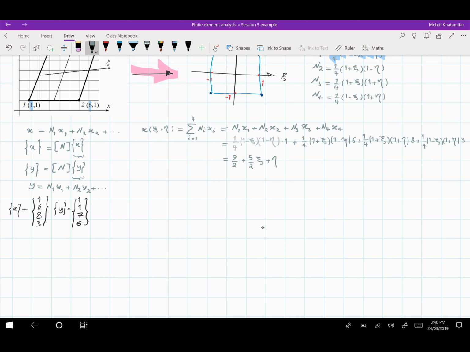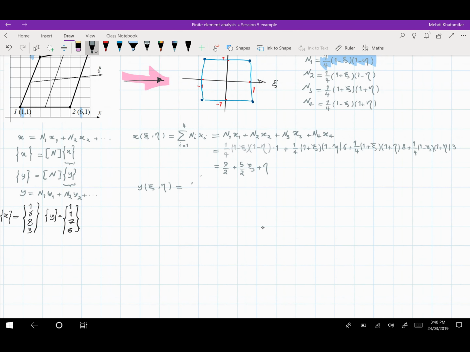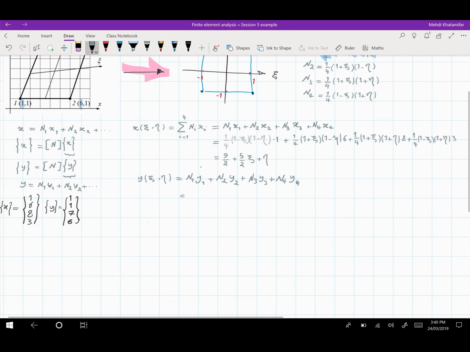We can do the same for the y axis using these new normalized coordinates, and again they are going to be n1 y1 plus n2 y2 plus n3 y3 plus n4 y4, and we can easily plug the numbers there.